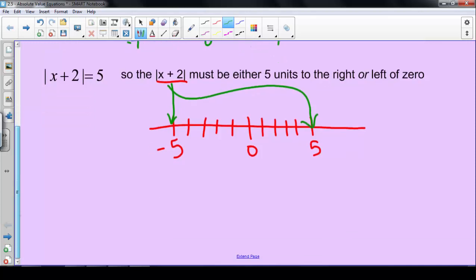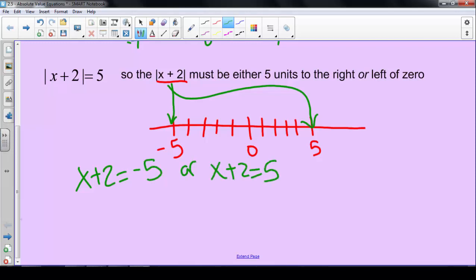So what that tells us is that x plus 2 has to equal negative 5 or x plus 2 has to equal positive 5, because both of those, 5 and the negative 5, are 5 units from 0. And then we just solve these like we did earlier in this chapter.